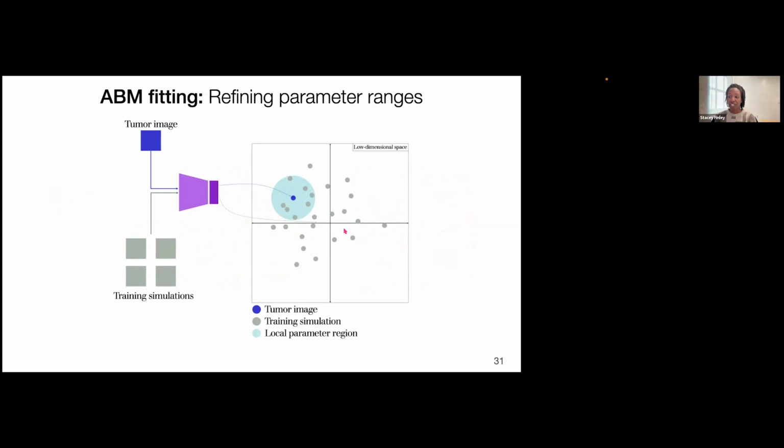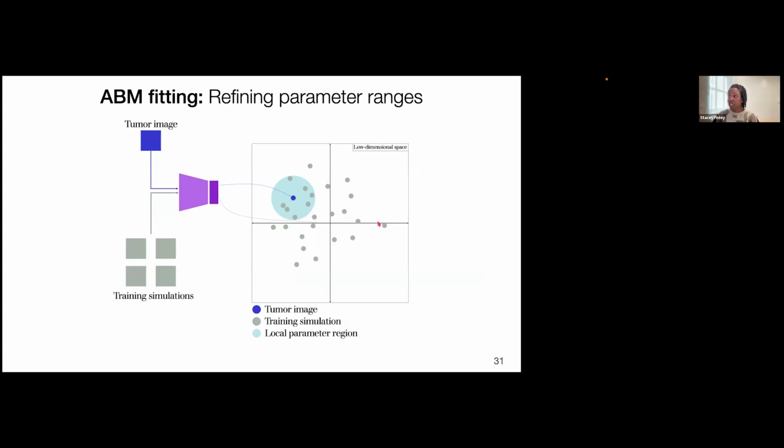Now, how do we do this? We run the model thousands of times with different parameter sets, and we can cast all of those different model simulations along with our experimental data into the 2D space, the learned space. And we can say, well, maybe we're only interested in simulations that are a certain distance away from our experimental image. So that refines and constrains the parameter range.